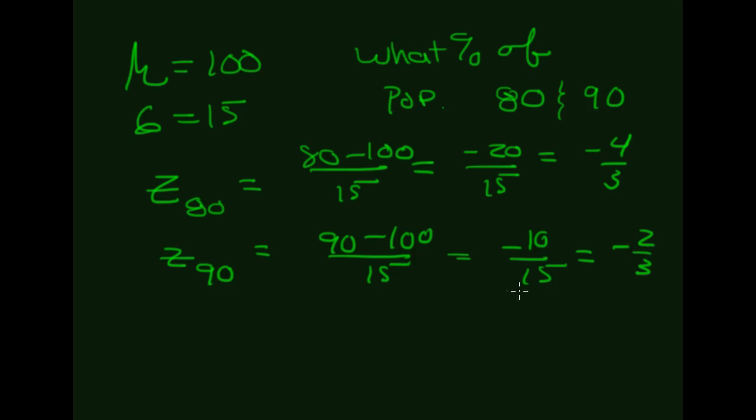So this means that if I find the percentage of the standard normal distribution that is between negative 4/3 and negative 2/3, I will know what percent of the population is between 80 and 90. So I'm going to bring up my calculator and actually do that calculation.